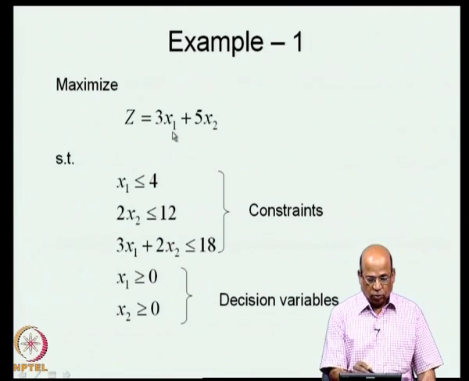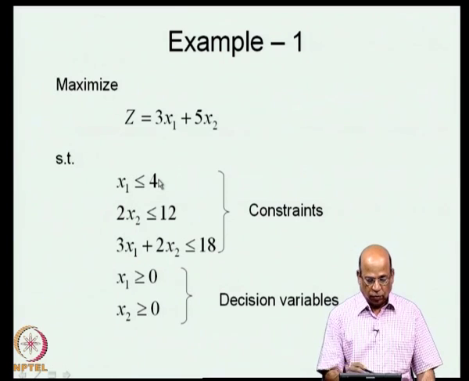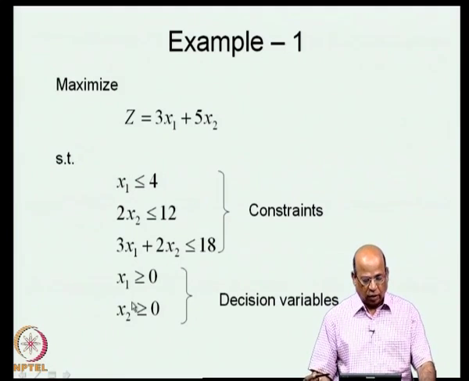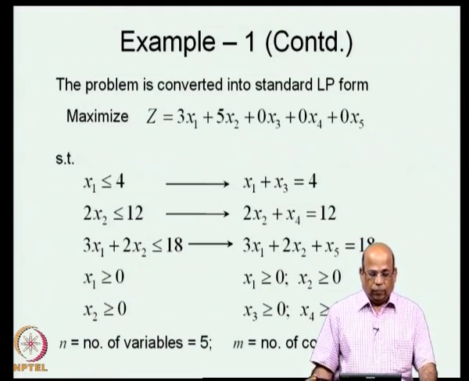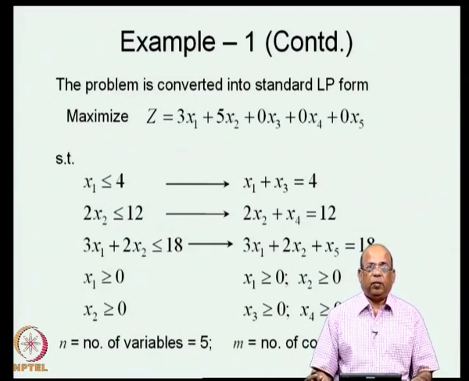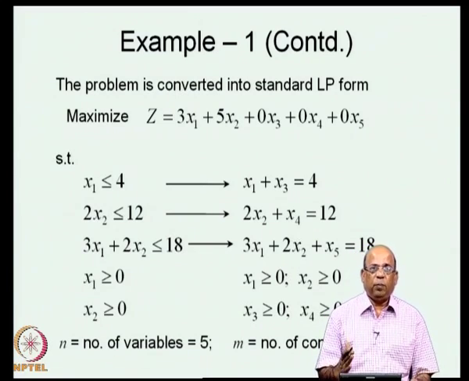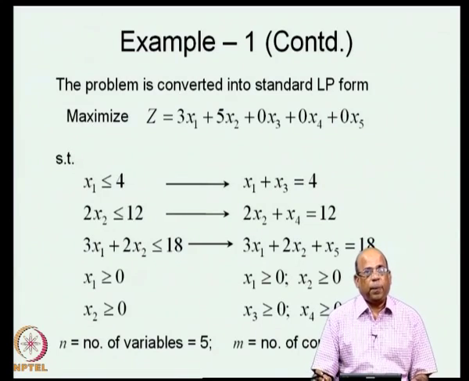You have z is equal to 3 x 1 plus 5 x 2 subject to x 1 less than or equal to 4, 2 x 2 less than or equal to 12, and 3 x 1 plus 2 x 2 less than or equal to 18. And these are the non-negativity conditions for x 1 and x 2. The first step is to convert the LP into a standard form.